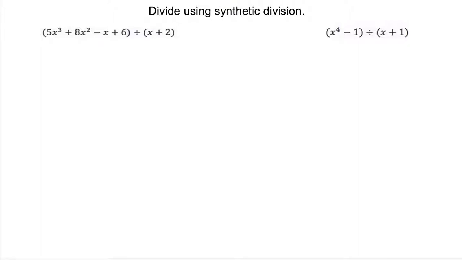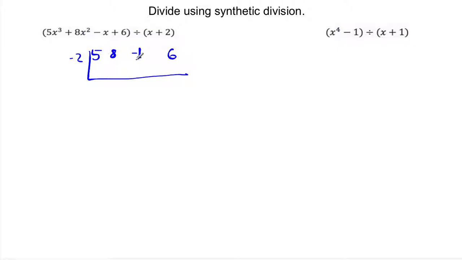So we want to look at a couple more examples here. So I'm going to start by drawing this little bar. On the outside, if x plus 2 is my factor, then negative 2 is the 0. I have degree 3 and exponents 2 and 1, so I'm set. I'm going to put 5, 8, negative 1, and 6.